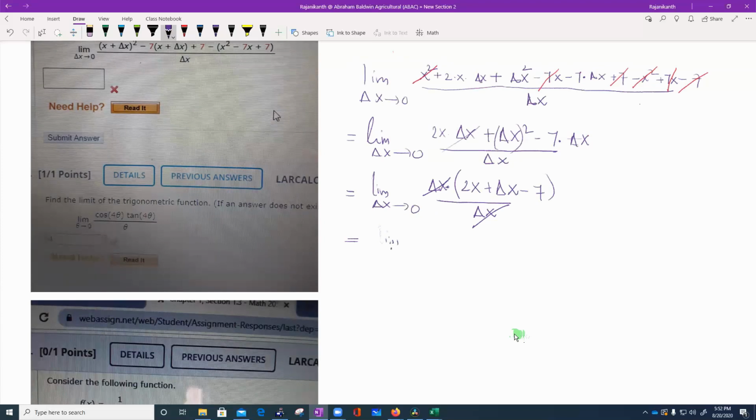Yes, sir. Okay, now you see the answer. Yes. We get just 2x plus delta x and minus 7. When delta x goes to 0, this guy is gone, 0. Then remaining is going to be 2x minus 7. Do you see now answer? Very good problem, no? To practice. Okay?